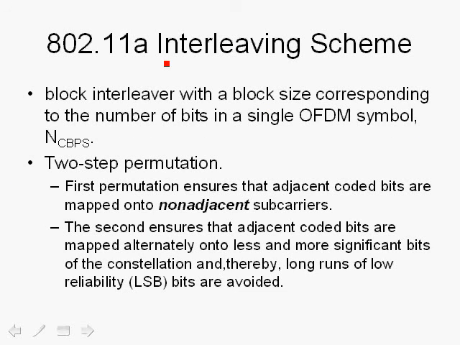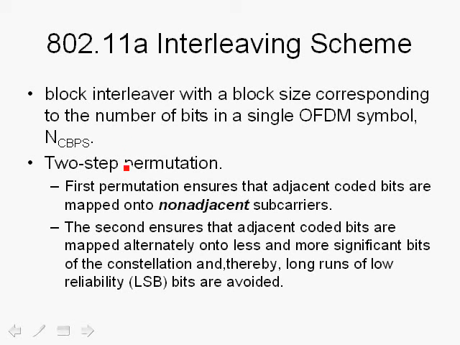The interleaving scheme proposed by 802.11a actually is a 2-step process. The block interleaver uses a block size corresponding to the number of bits in a single OFDM symbol. As we indicated, for example, for the 16QAM case, the number of bits per OFDM symbol was 192, which was of course 4 bits per carrier, and we have 48 carriers.